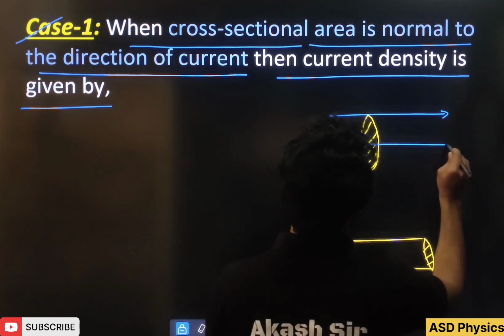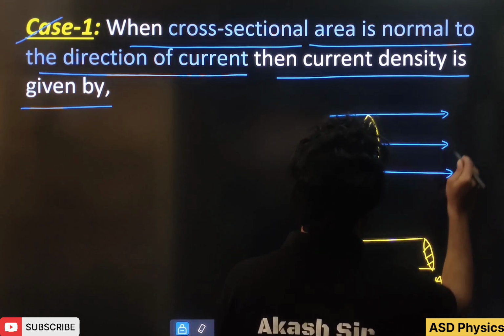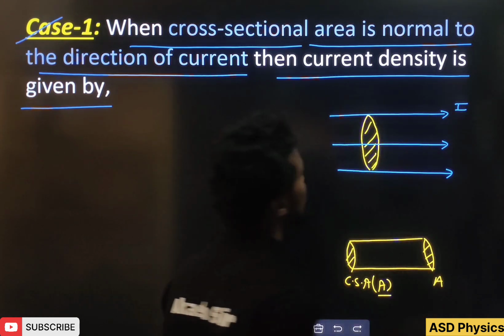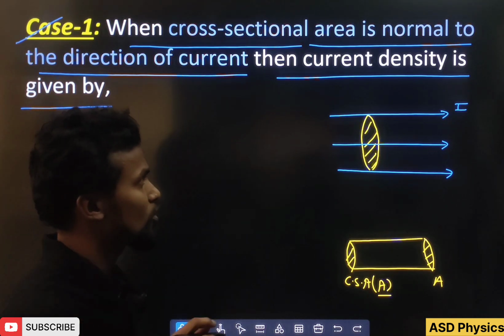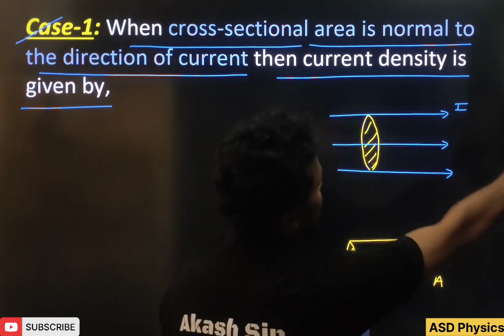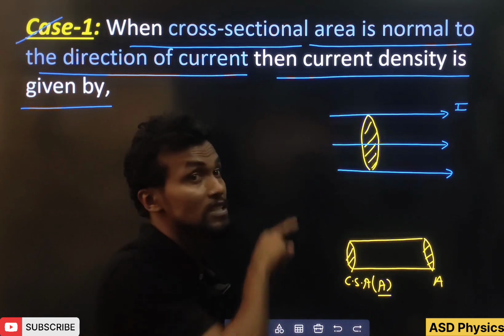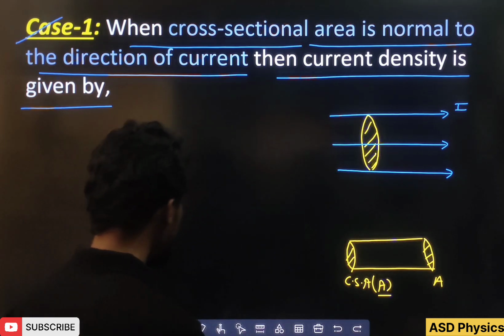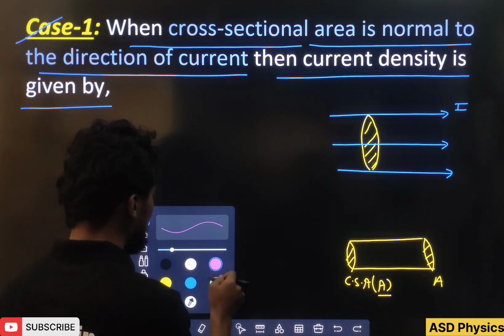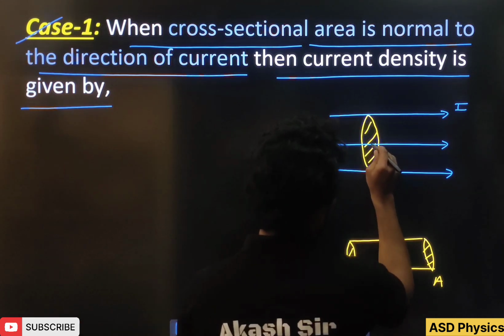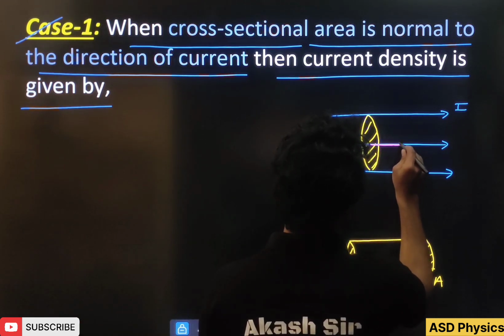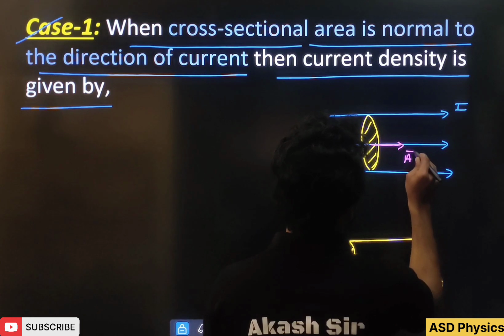In terms of coordinates, we can say this current is along the x direction, and this circular cross-sectional area is in the YZ plane. The area vector is always perpendicular to the area, so this area vector is given by A.